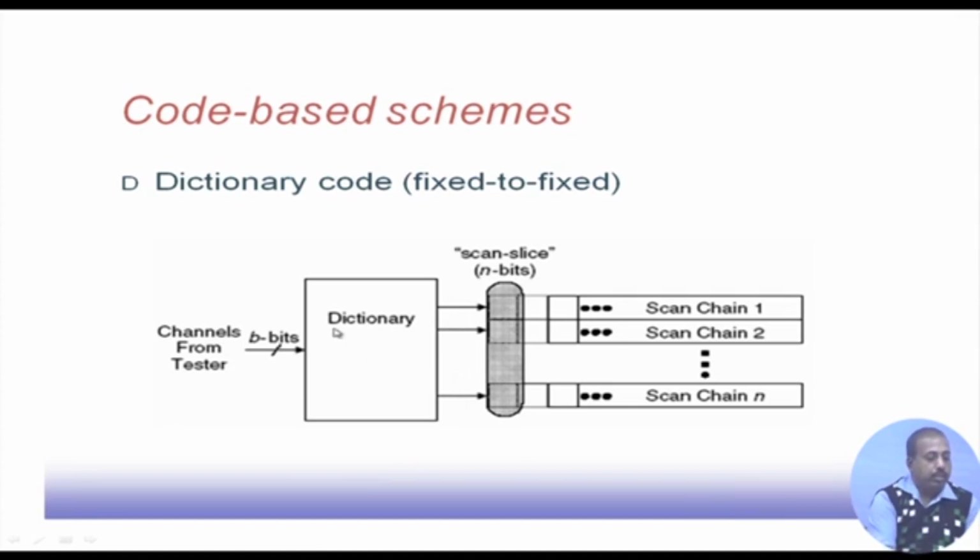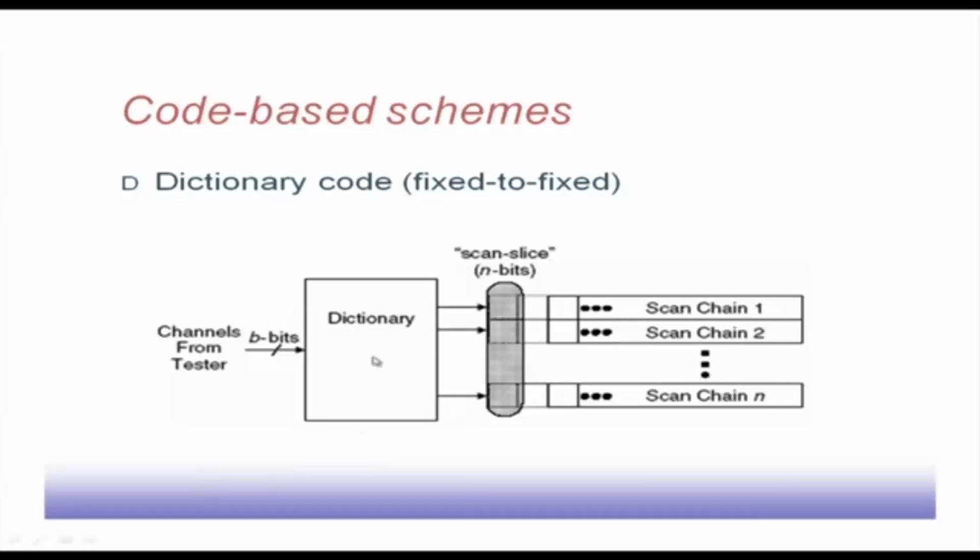Now naturally, if my test pattern set is such that it generates different types of slices, so all possible slices are generated, then of course there is no saving, because the dictionary will become too large.